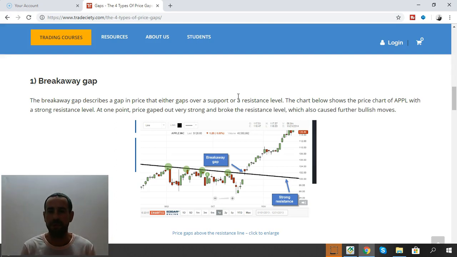This is a very important point that I have to stress. When I'm talking about gaps, this is a supplementary trading technique. It is not a strategy. It is never a standalone strategy. And this is a very important point, guys. You never trade only on a gap, right?